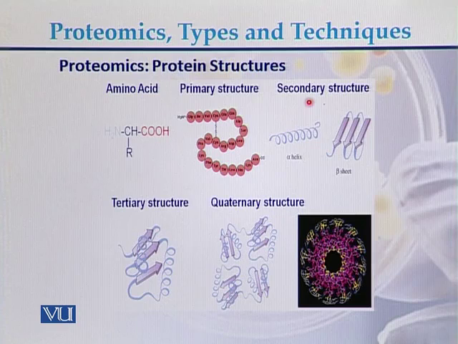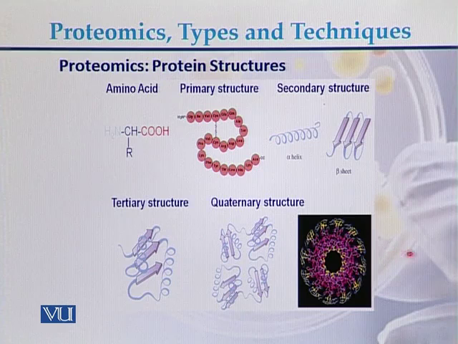The primary structure then folds to form the secondary structure, which can be in the form of a helix or beta sheets. Then the secondary structure is converted into the tertiary structure, where we can see the alpha helix and the beta sheets. Then the tertiary structure is converted into the quaternary structure.